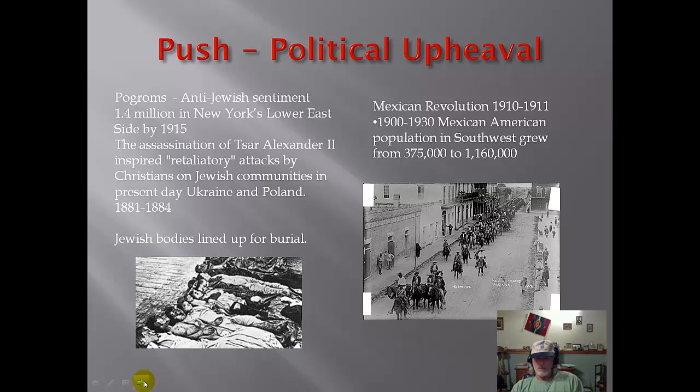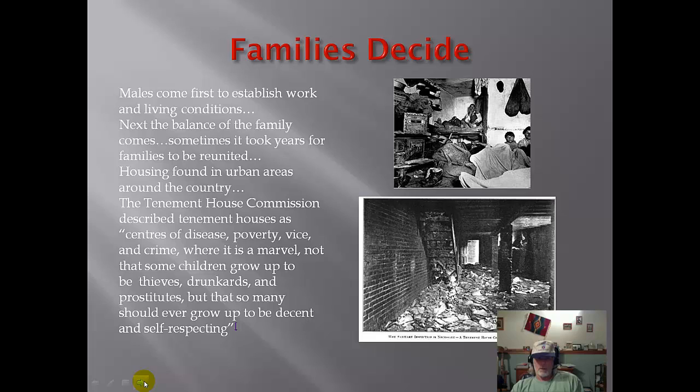In 1910, 1911, the Mexican Revolution, people were sick of the fighting down there, so they came to America, especially between 1900 and 1930. You can see the population of the Southwest grew about four times. Again, families decided to come to America looking for work to establish a better life.